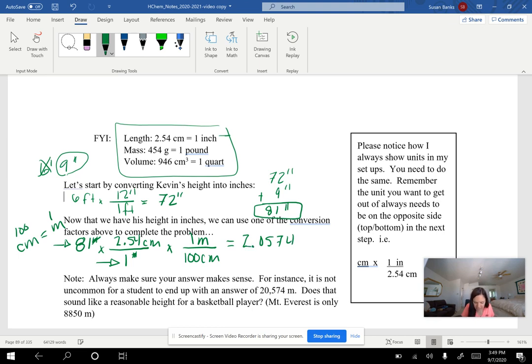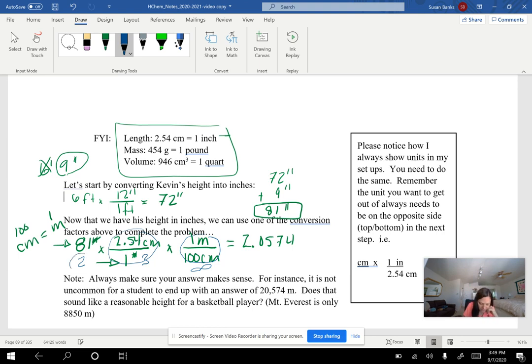Okay, the next thing I need to think of is my significant figures, so I know where I need to round. So this 81 inches has 2 digits here. This one is an approximation. This is not a definition, but I've got 3 digits here. This one is a definition, so I have an infinite amount of sig figs here.